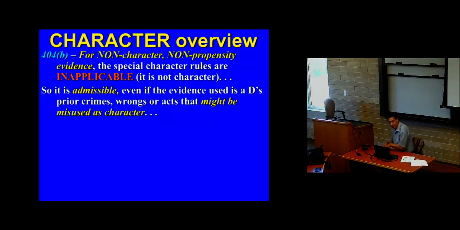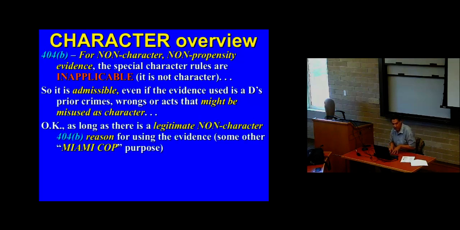Even if the evidence could improperly be used for propensity, if you're trying to use evidence of other prior crimes, wrongs, or acts, just because it could be misused as character, if you can find a non-character reason why this would be circumstantial evidence of something that is legitimate, non-character, and relevant under Rule 404(b), then it will be admissible.